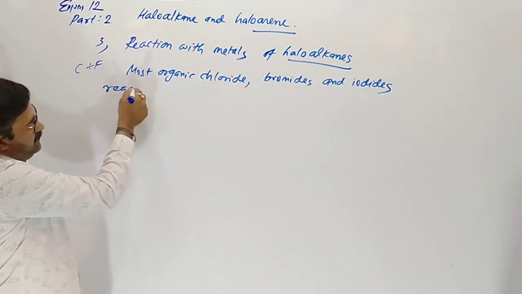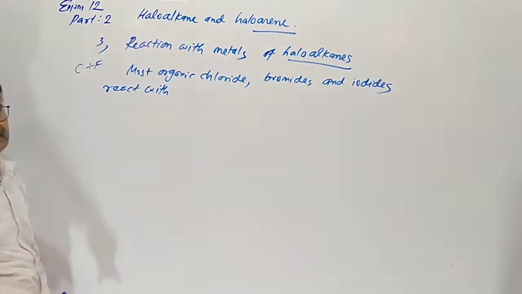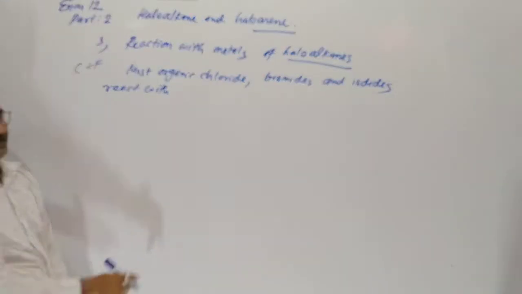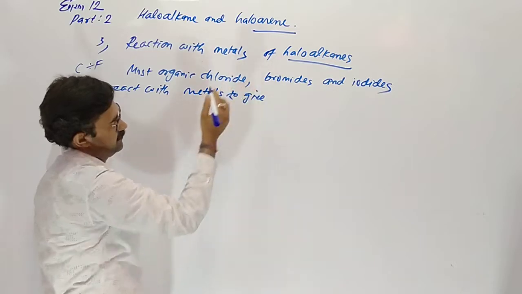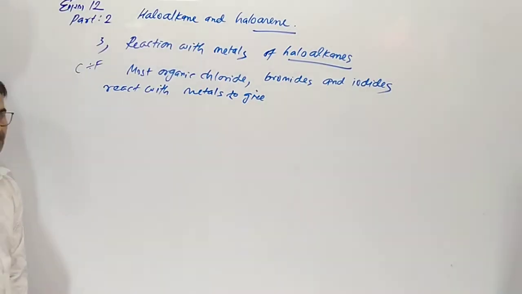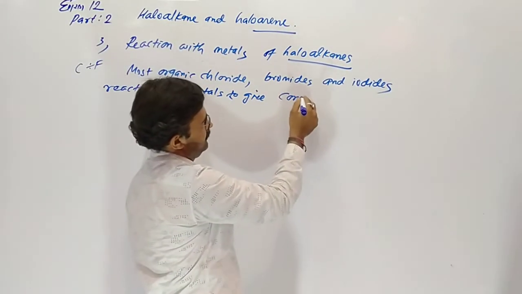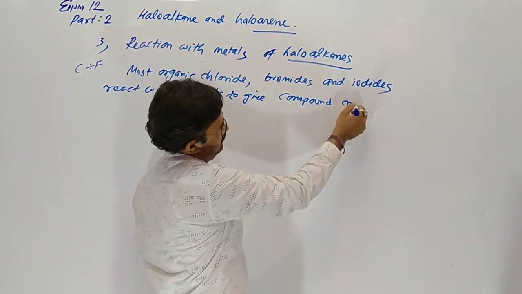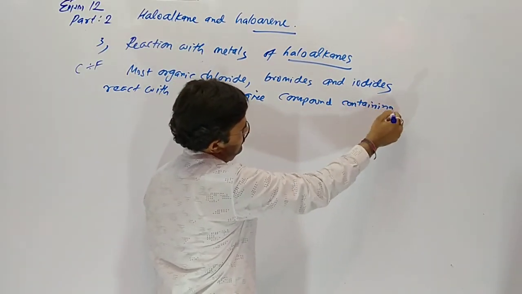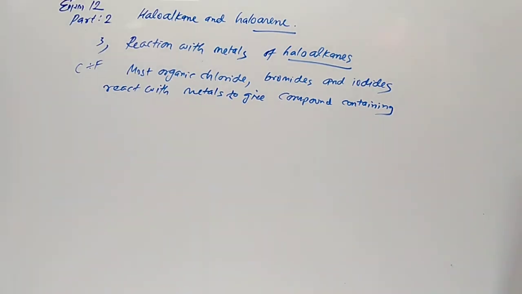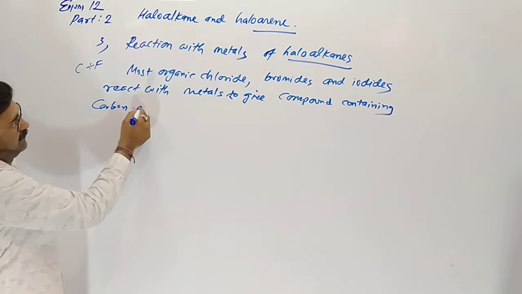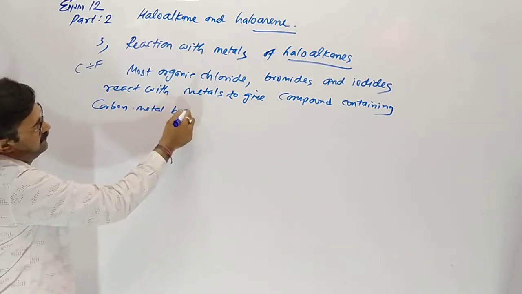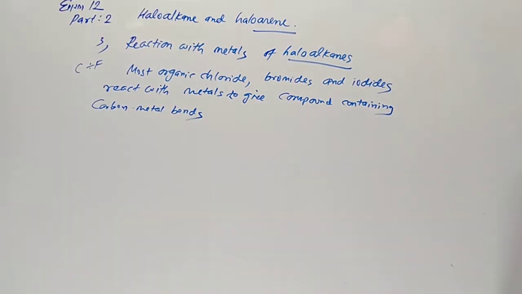They react with metals to give compounds containing carbon-metal bonds. When carbon combines with metal, it is called a carbon-metal bond.